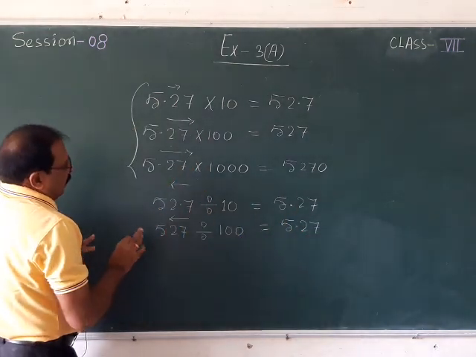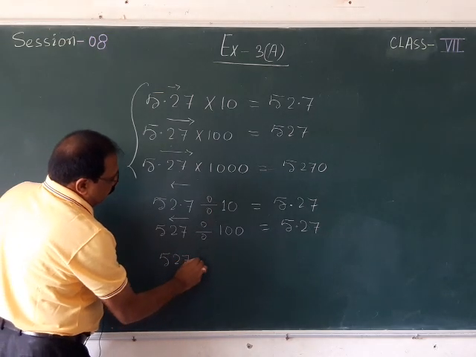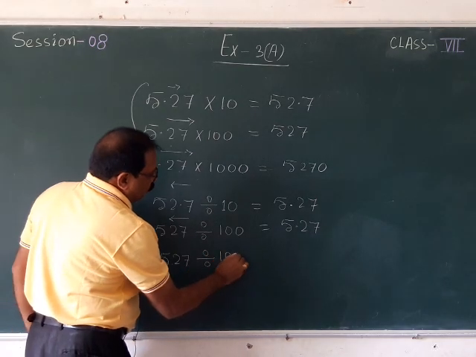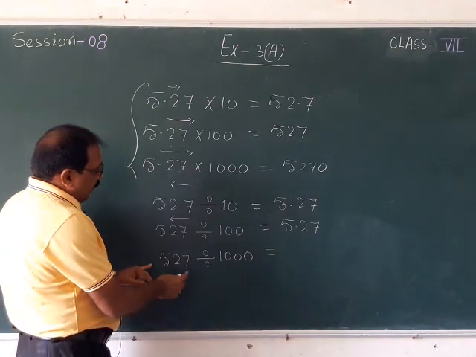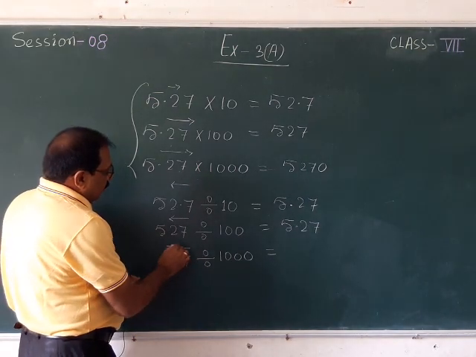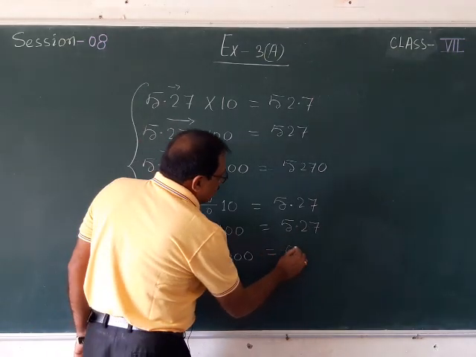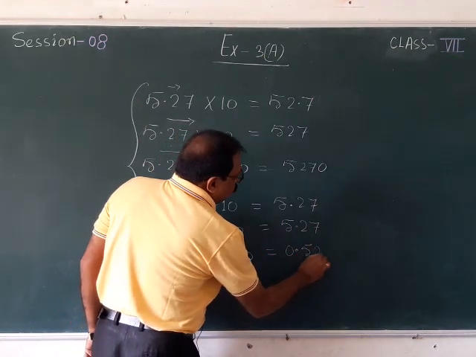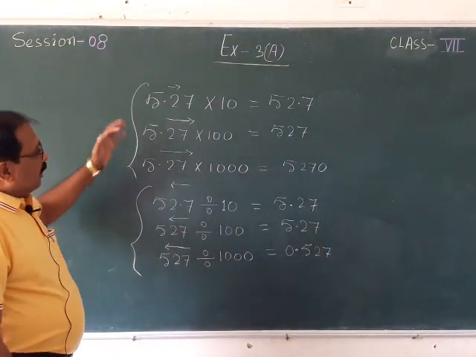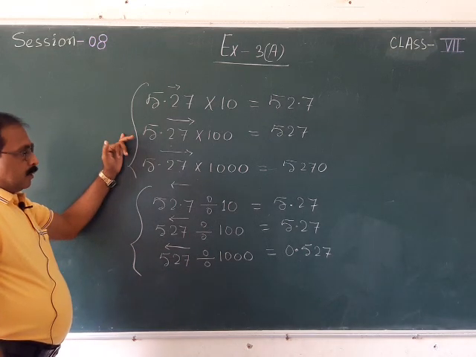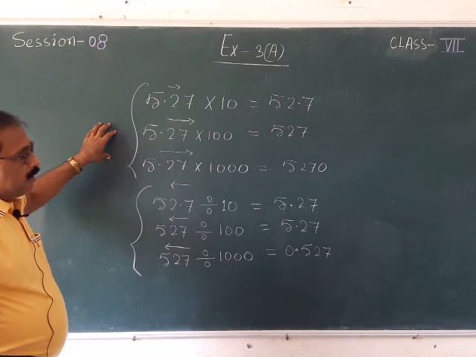And like this, suppose I have the number 527 and I want to divide it by 1000, then the decimal will be shifted 3 digits back, that means 1, 2, 3, right to left you are shifting the decimal, so the answer will be 0.527. These are the quicker methods to multiply and divide decimal numbers, and you have been doing all these things from class 5 onwards.